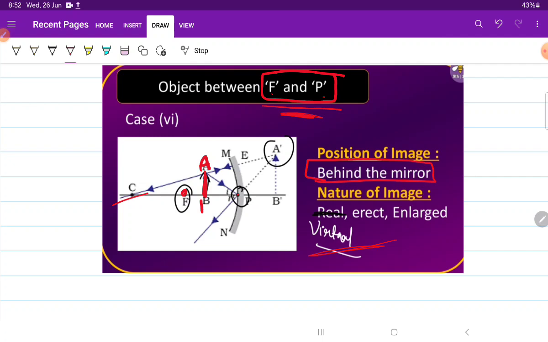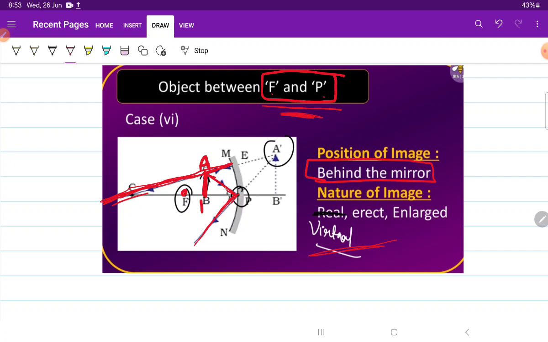Our object will be between them. In this case there will be no ray which is parallel to the principal axis and cutting the focus. The first ray will be coming from the center of curvature and going through the center of curvature only. Now we have learned the third law. That law will be applicable over here.